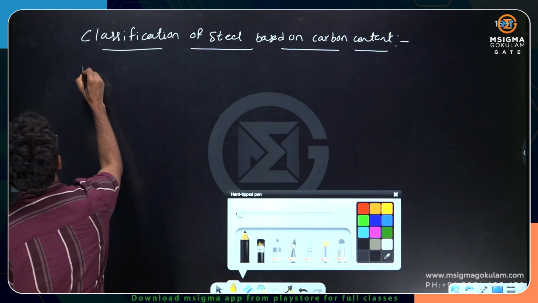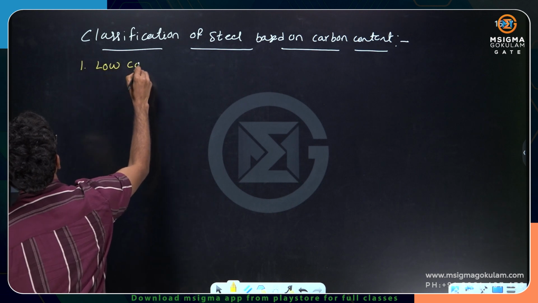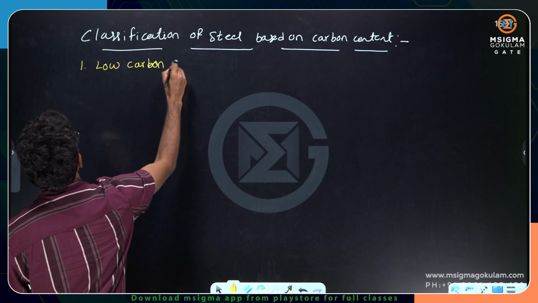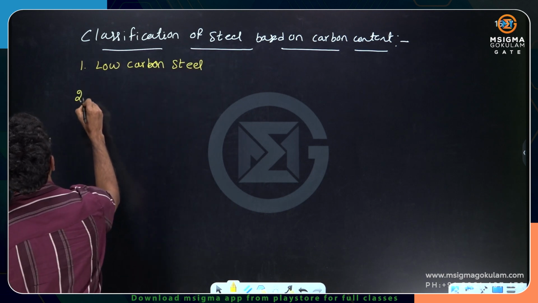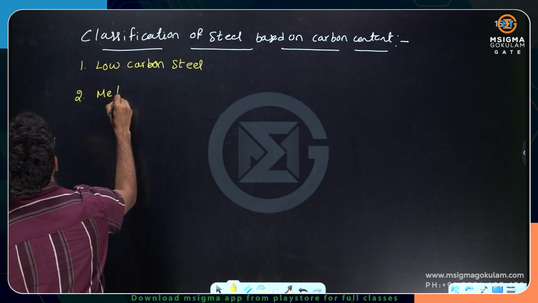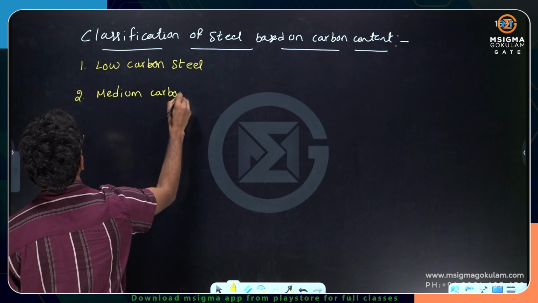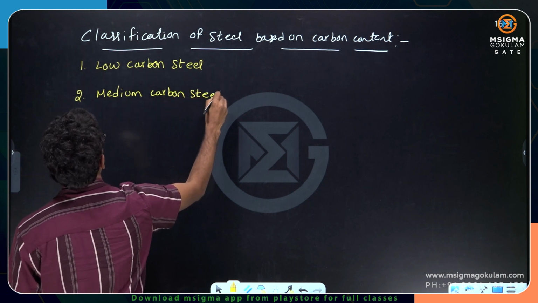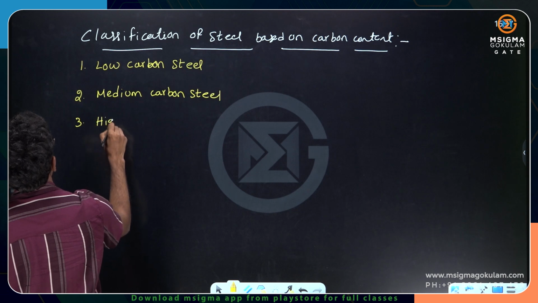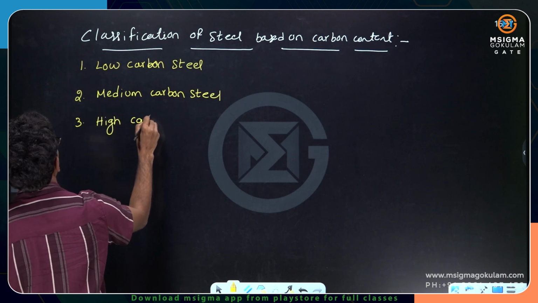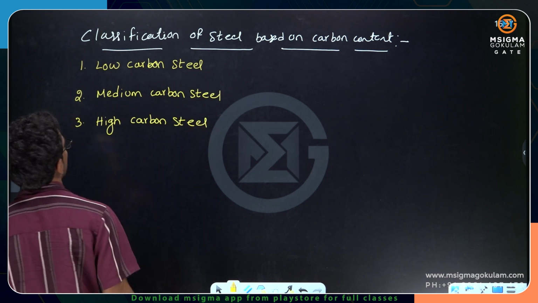The first one is low carbon steel, then medium carbon steel, and then high carbon steel. So these are the three types of steel we have.